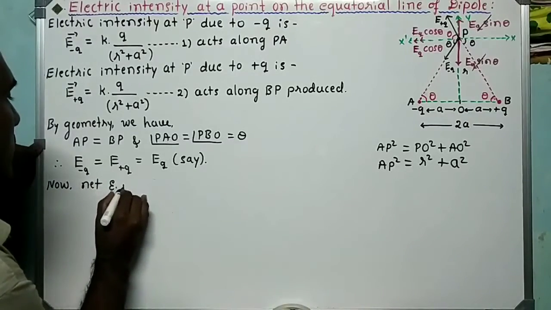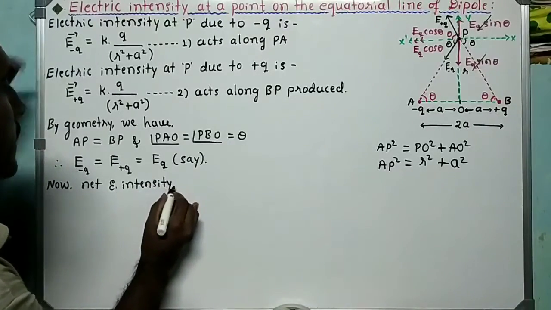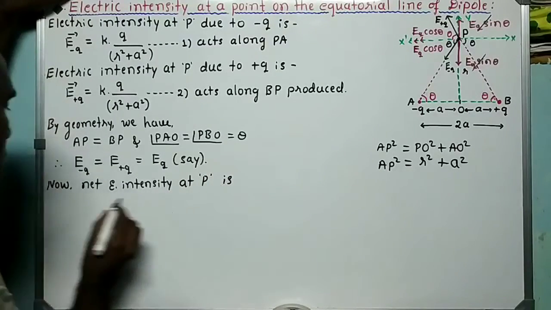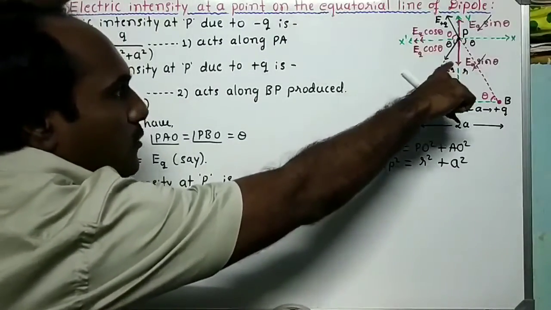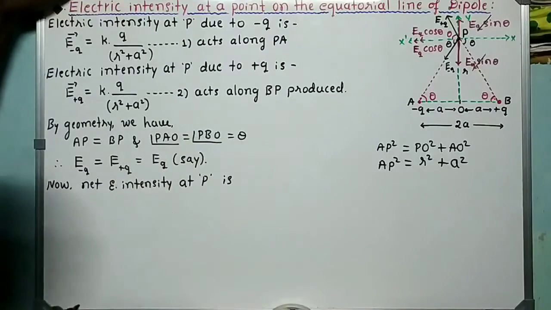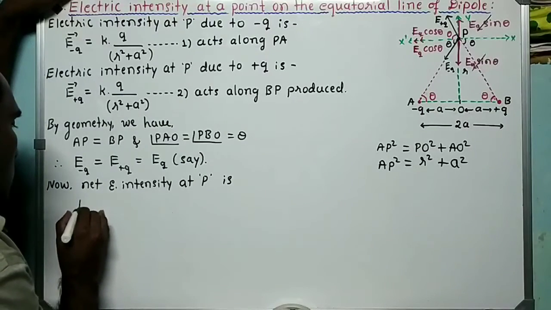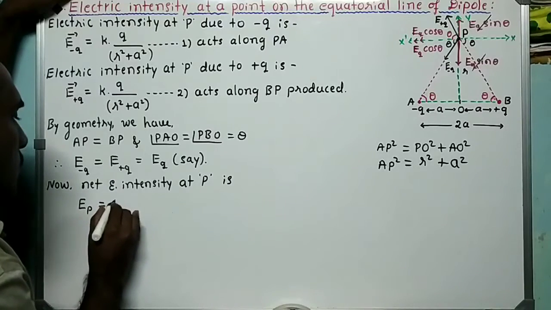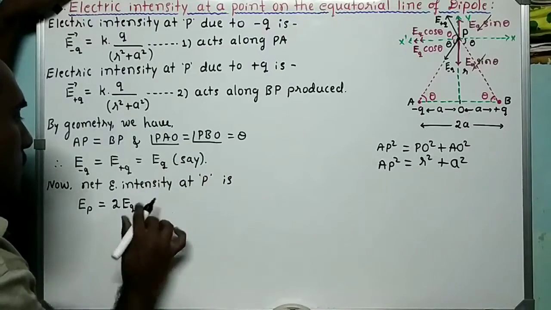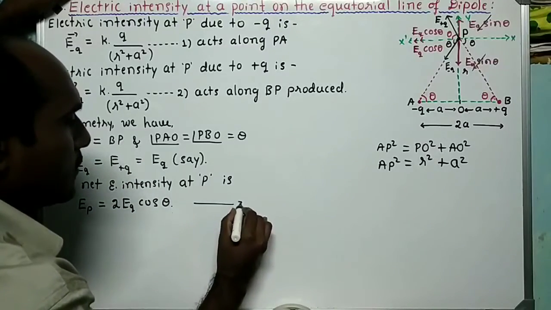Net electric intensity at P is, here the EQ cos theta components should be added because both are acting along the same direction, and that is the net intensity at point P. Net intensity at point P is equal to 2 EQ cos theta. Call it equation 3.